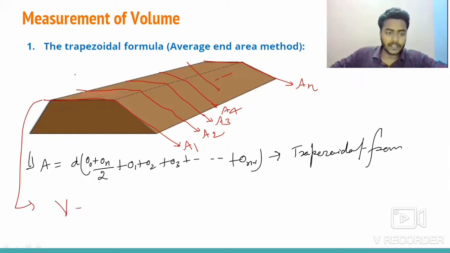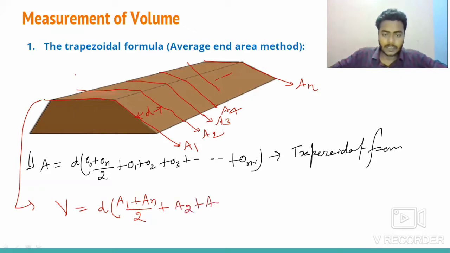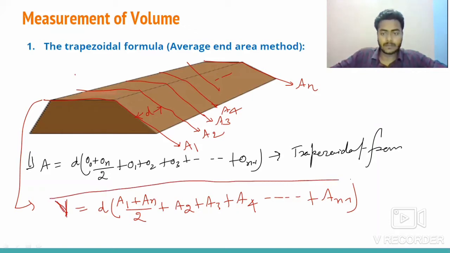Similarly, we can write V is equal to, and their distance is D. So we can write D into, in place of O0, the first area, that is A1, plus An divided by 2, plus A2, A3, A4 up to An minus 1. This is the basic formula.